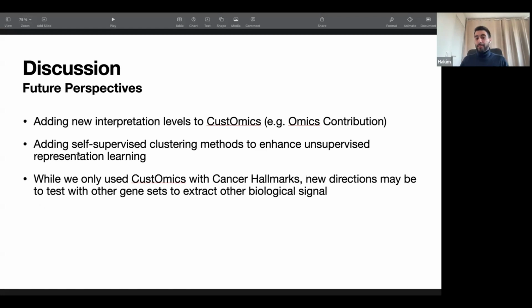The second point would be to add a self-supervised clustering method to do robust clustering using only the learned tensor-wise representation of CustOmics. Because now, if we want to do clustering, we're kind of obliged to look at each sub-view of our tensor to see, okay, here we have this pathway that clusters into those types of clusters.